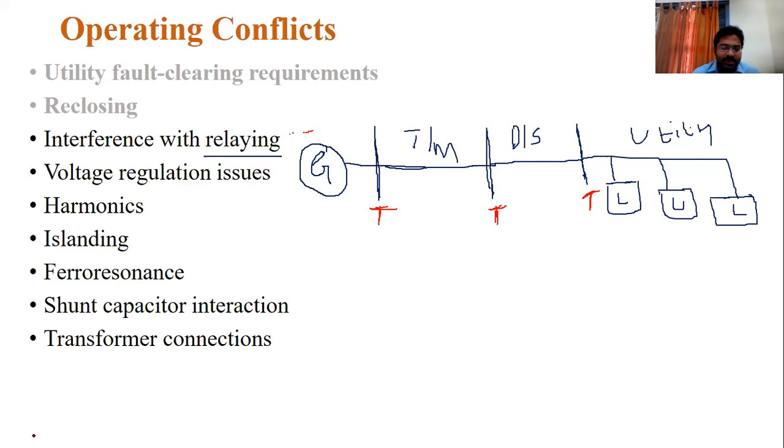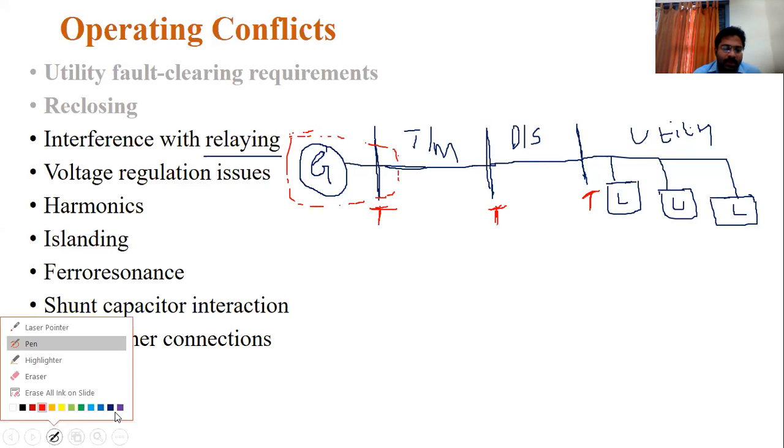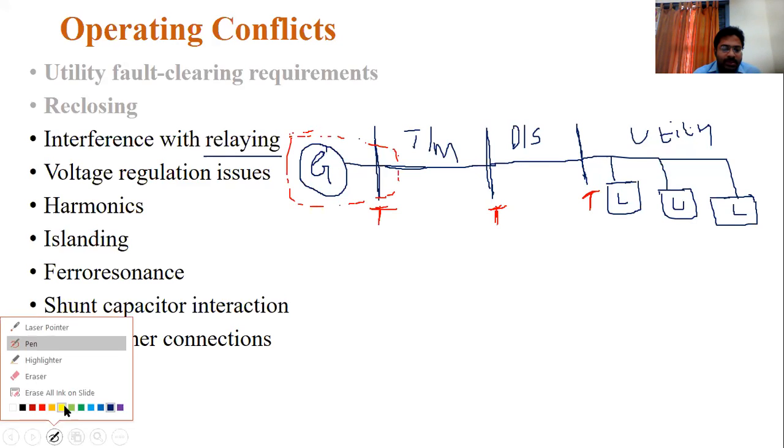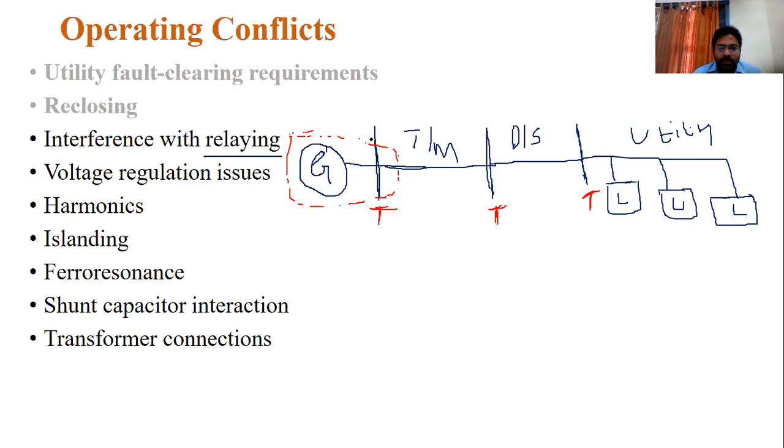Okay, now see this. Whenever you are connecting the generator protective scheme, this is the protective scheme of the generator. We already discussed this topic in switchgear and protection.